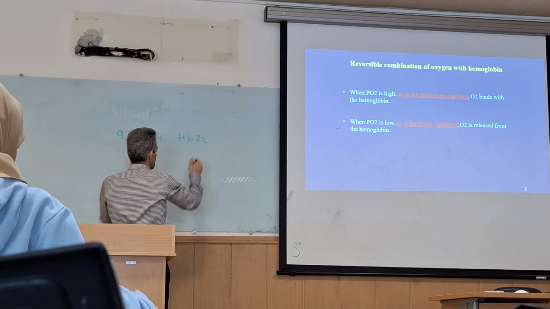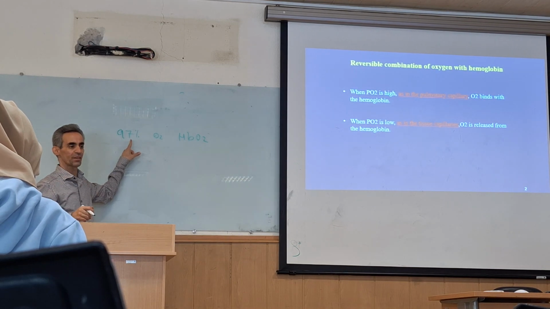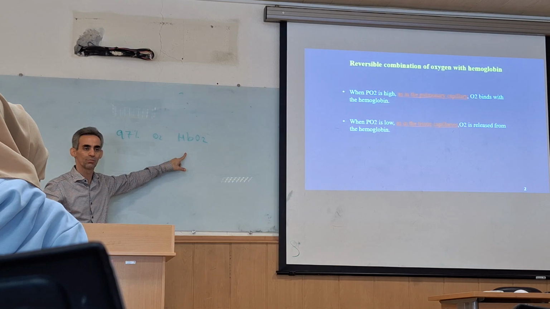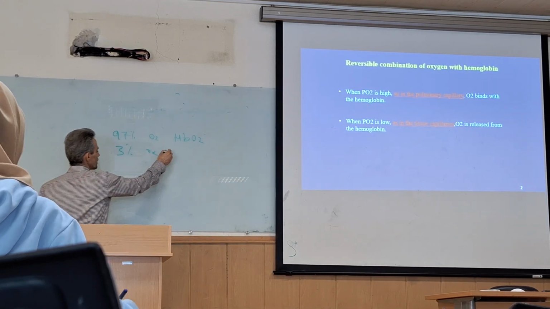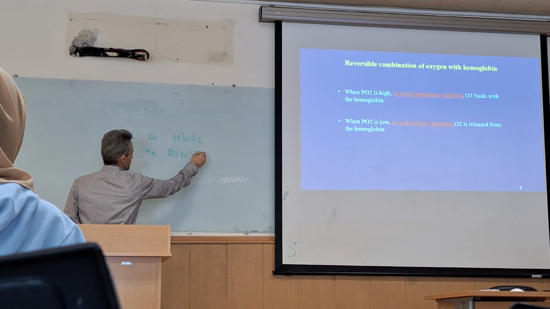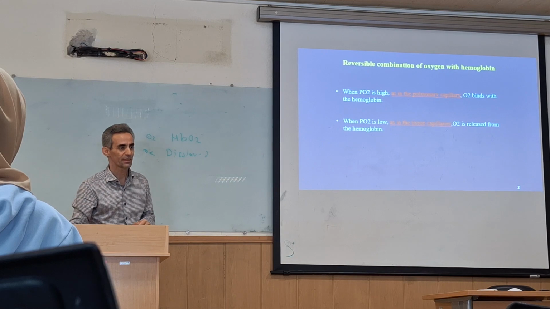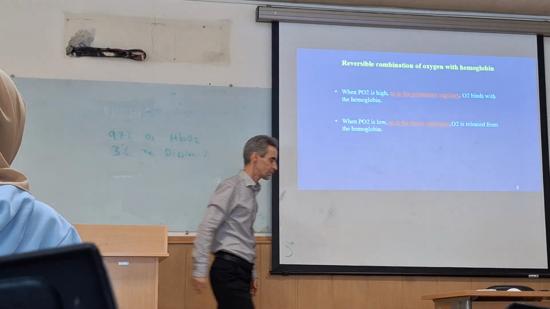And after binding, we have oxyhemoglobin. 97% of oxygen is transported through oxyhemoglobin formation, and the remaining 3% of oxygen is transported dissolved. Again, I will talk about this later.